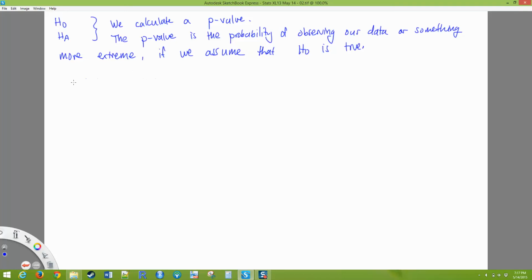And so for the t-test, we said our null hypothesis is that mu1 is equal to mu2. Or another way I could write this, and these are equivalent ways of writing the same thing, is to say that mu1 minus mu2 is equal to 0.